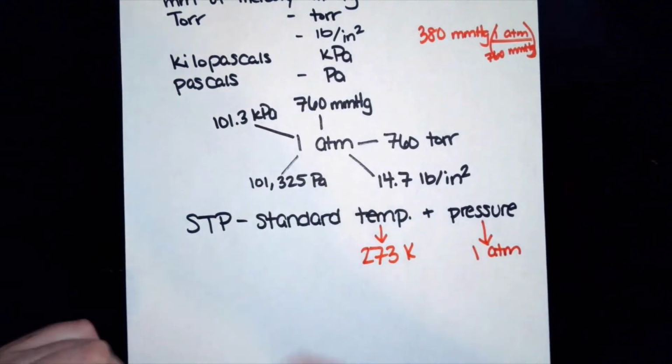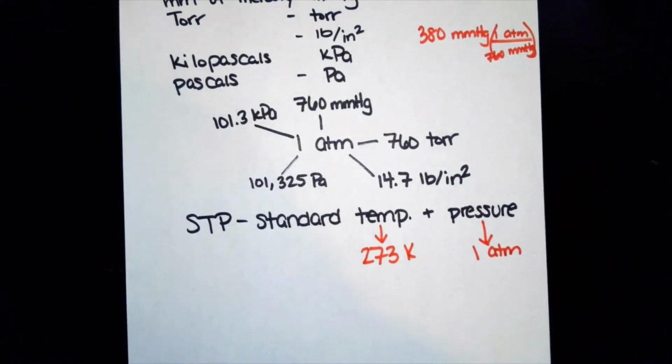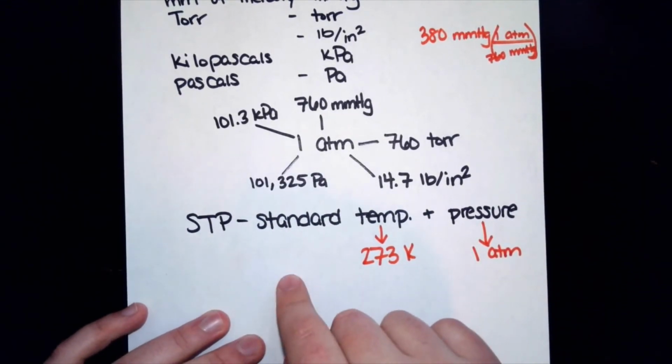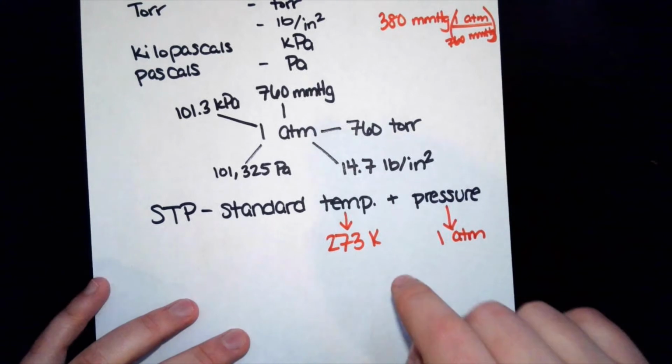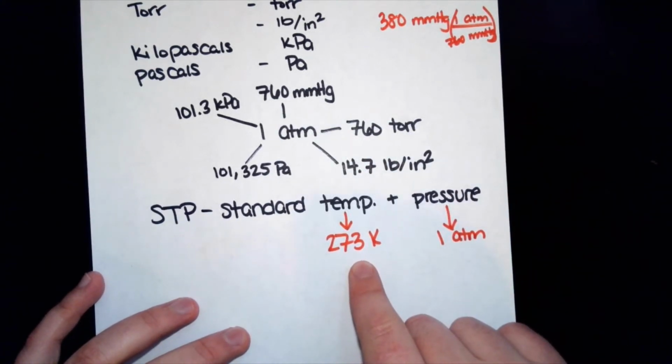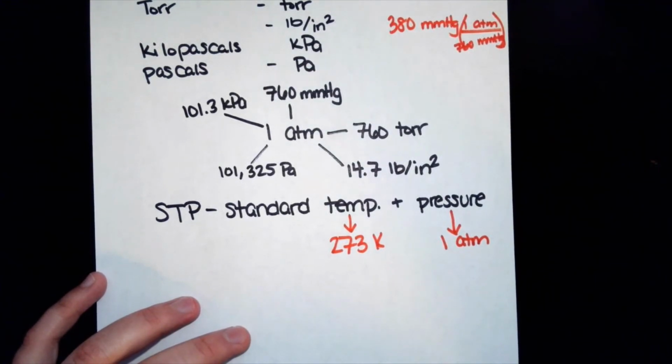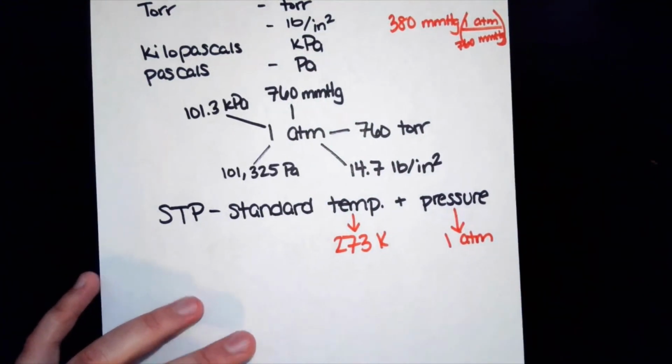So if you are ever working on a problem and you are told that the system is at STP, what it's saying in that sentence is it's telling you directly that the temperature is 273 Kelvin and the pressure is 1 atmosphere. That's what being at STP means.